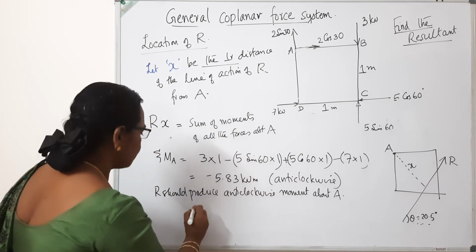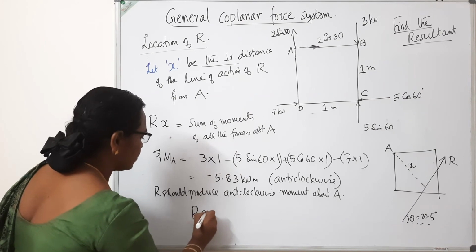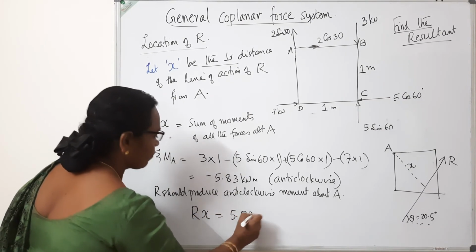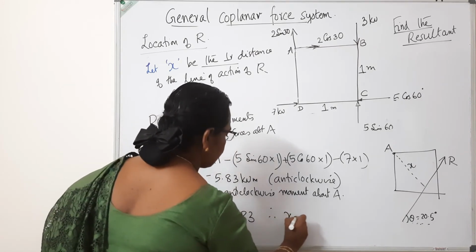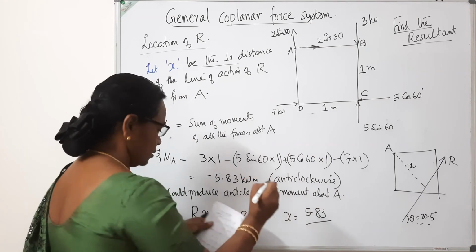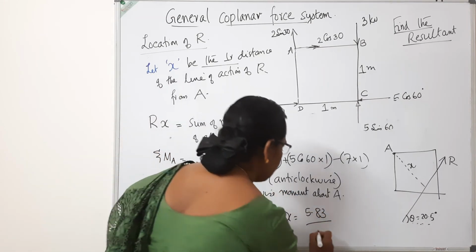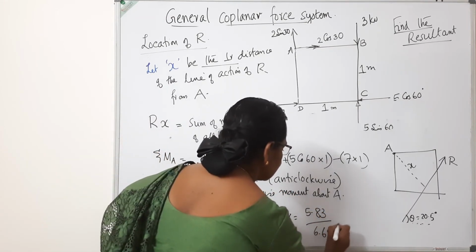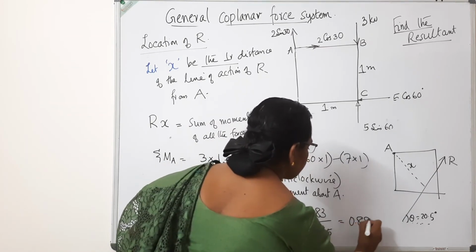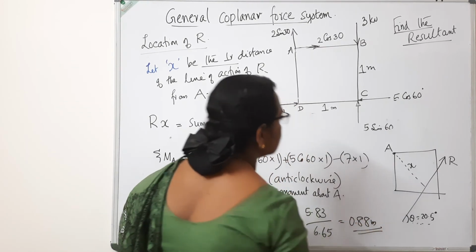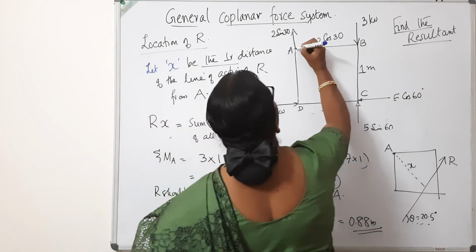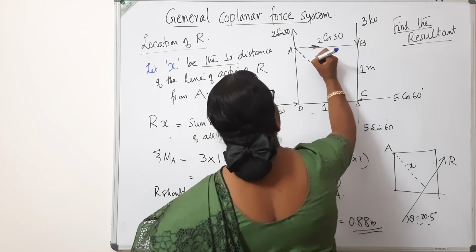So let us find out: R into X is equal to 5.83. Therefore, X is equal to 5.83 divided by R. R is 6.65. We'll get it as 0.88 meter. So, in the figure, I can mark it from A, 0.88 meter.